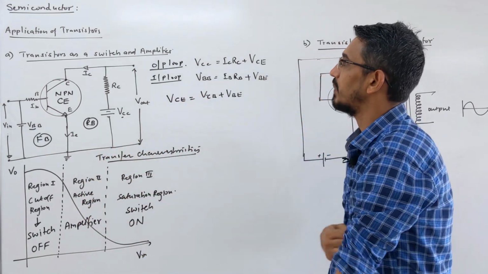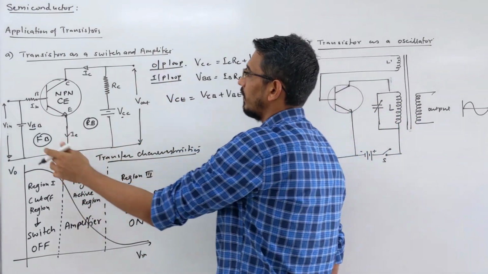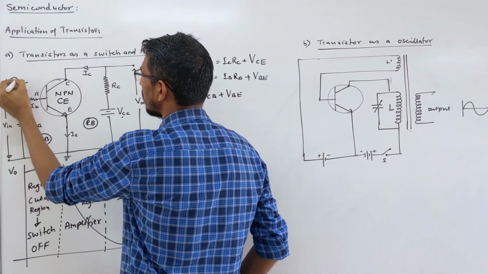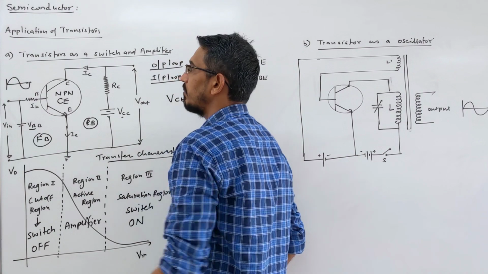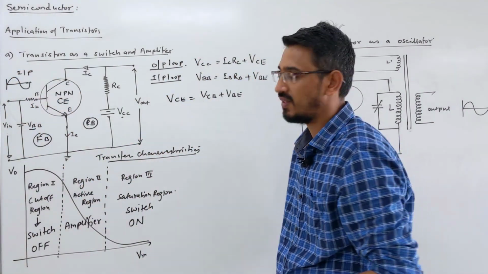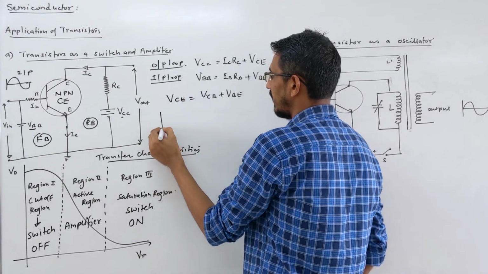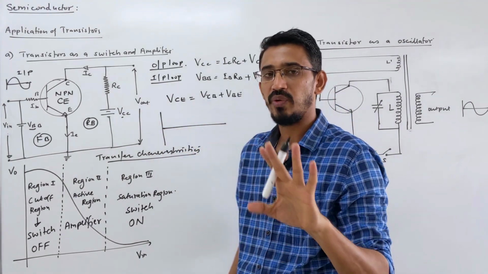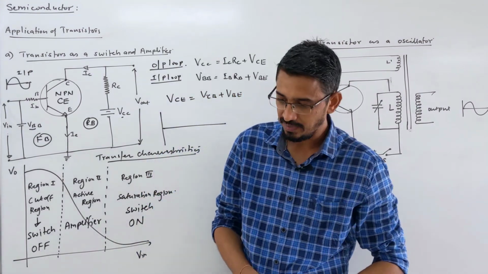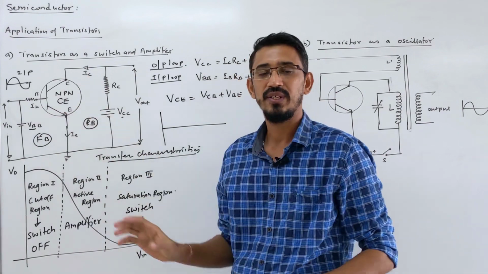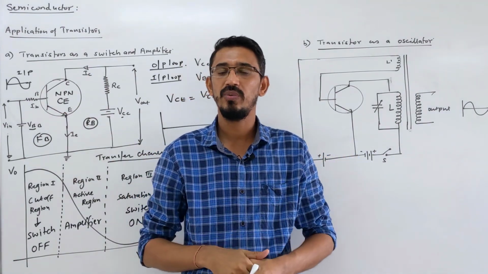So what happens as an amplifier? When you give an input signal, a low strength signal like this, it will give us an amplified output signal, which will look like this, a little bigger. But a very important point here, which can be asked in the exam: last lecture I discussed the properties of common emitter mode, common base mode, and common collector mode.